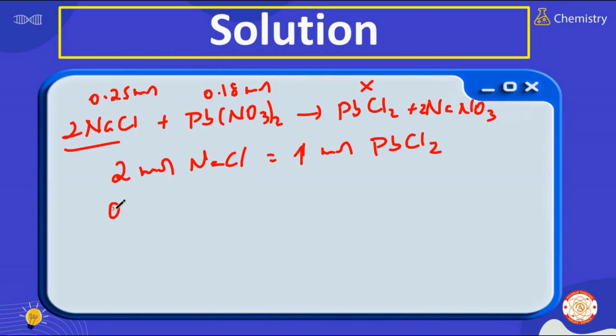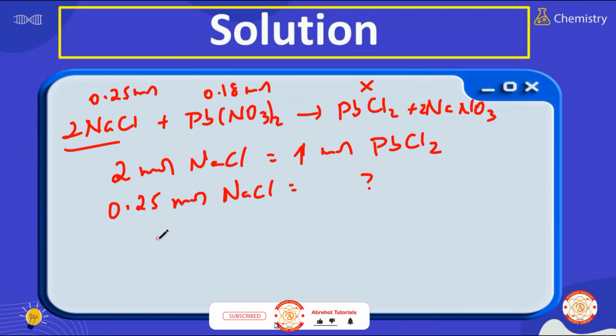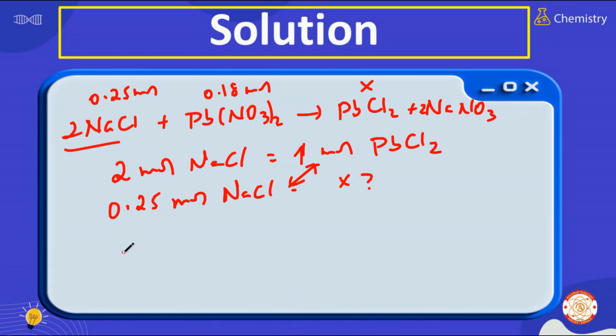So if I have 0.25 moles of sodium chloride, how many moles of lead 2 chloride is produced? Let us solve this. Let this be x. So solving for x gives us what? 0.125 moles of lead 2 chloride is produced.